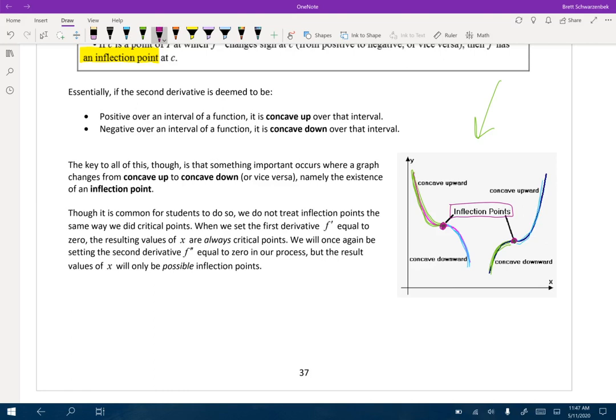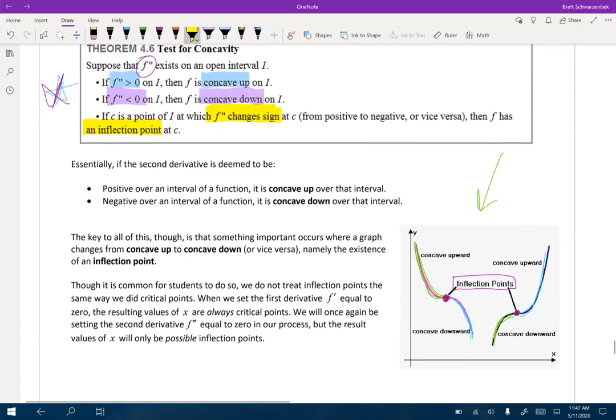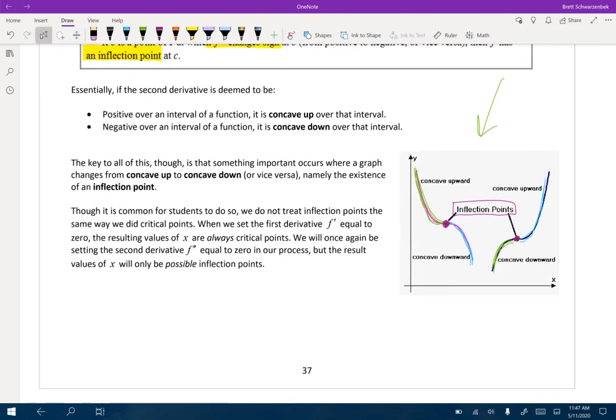This point is very important in calculus. Just like when we were talking about local extreme points, we're looking for a change in sign. So the second derivative changes sign. If it doesn't, then no inflection point exists at that value. This is going to be an important part of the next section.